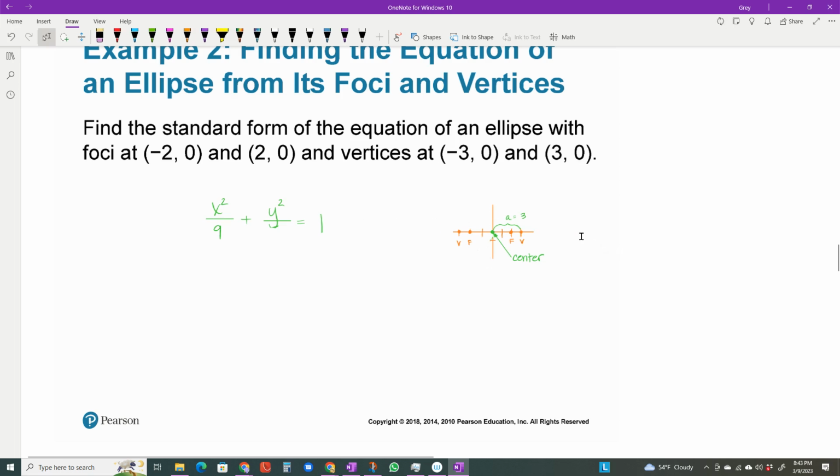I only went left and right, but I know the focus, and the focus represents the letter c, and so c is 2. So I get to use my equation. c squared equals a squared minus b squared. c squared is 4. a squared is 9, so I'm 9 minus b squared, and that gets b squared to be 5, which is what I need right here, and that is my equation.